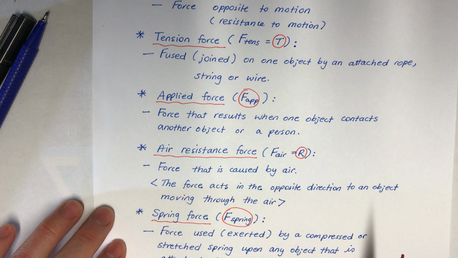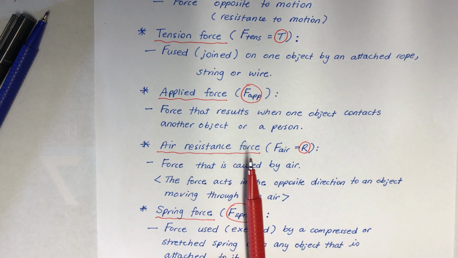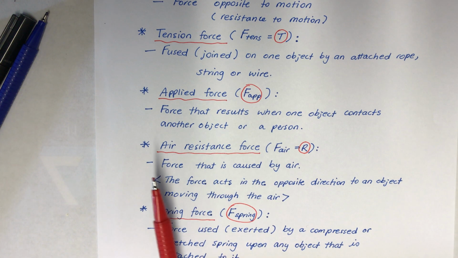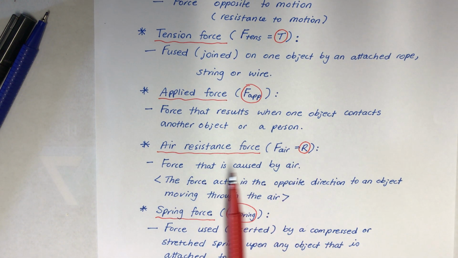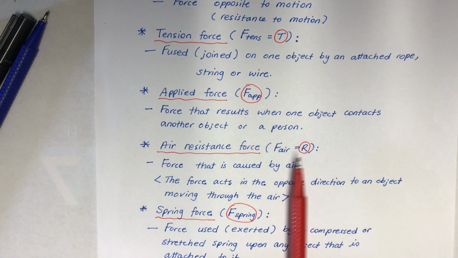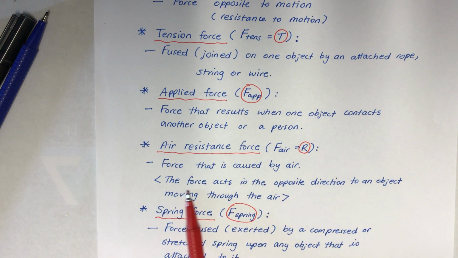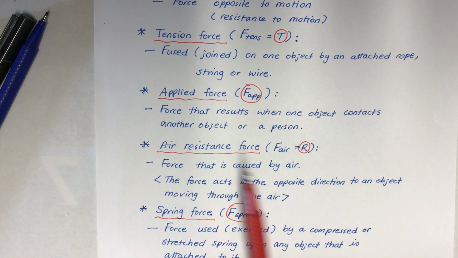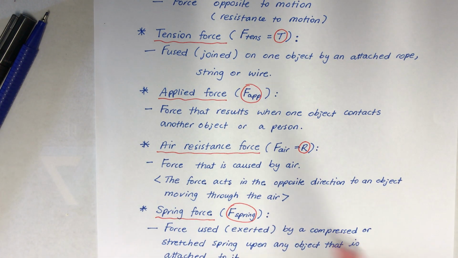Now, air resistance force. We didn't use air resistance force when we did projectile motion, but now we do have to think about it. That's R. It is the force caused by air, and it's in the opposite direction because it's a resistance force.